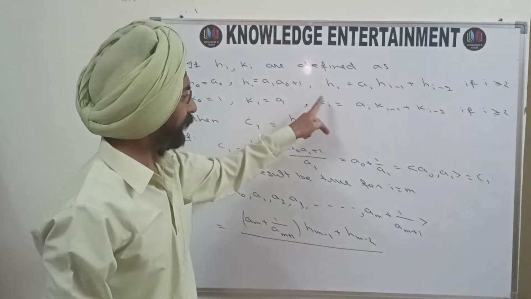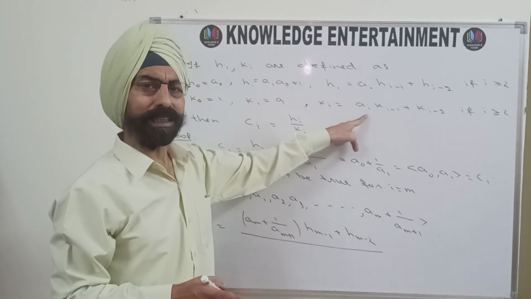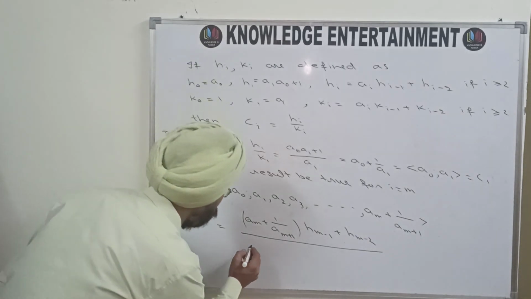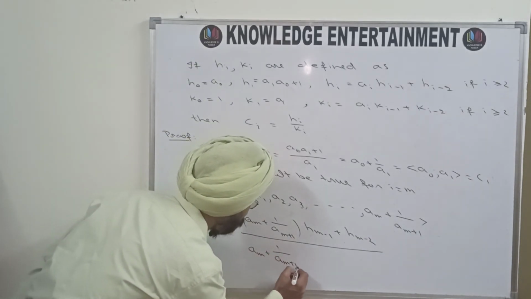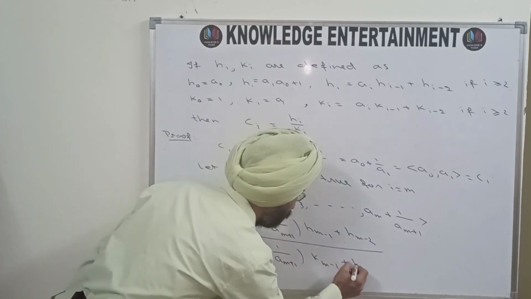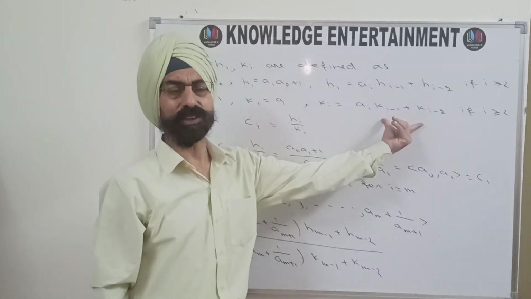On the same lines, Km will be Am, the mth partial quotient, but the mth partial quotient here is Am plus 1 upon Am plus 1. So you will get Am plus 1 upon Am plus 1 multiplied by Km minus 1 plus Km minus 2, because of this recursion value.